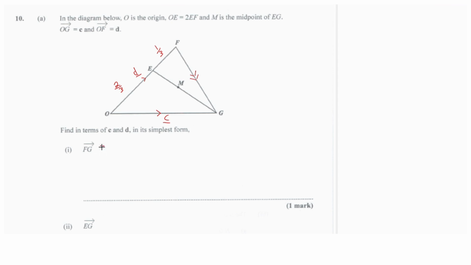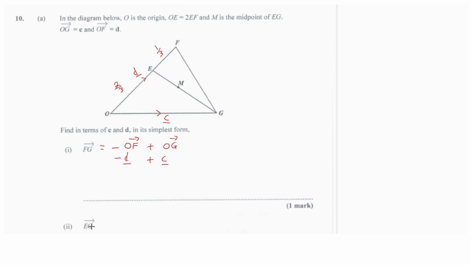So FG then is equal to minus OF plus OG. We know that OF is D, so we have minus D plus OG, which is C.